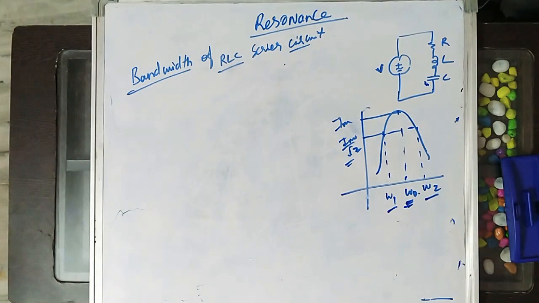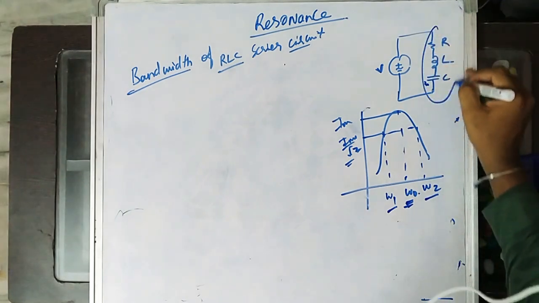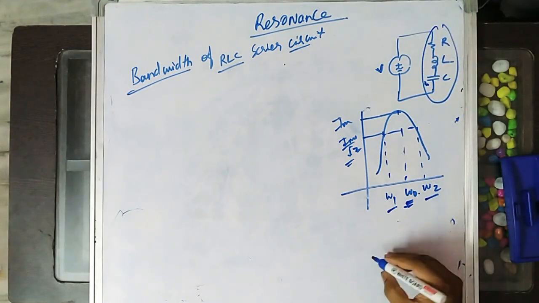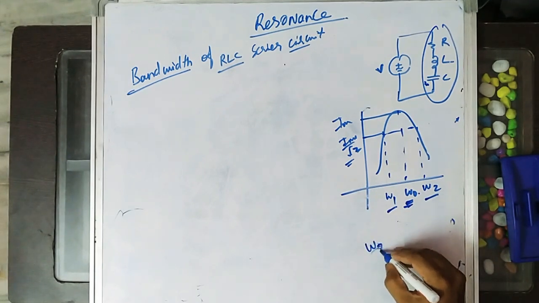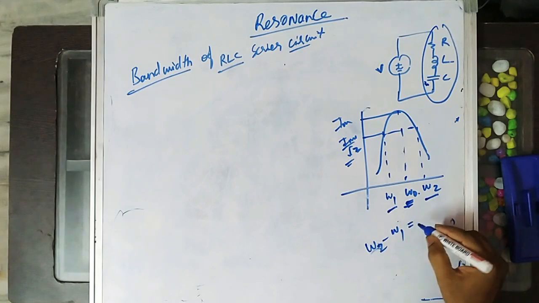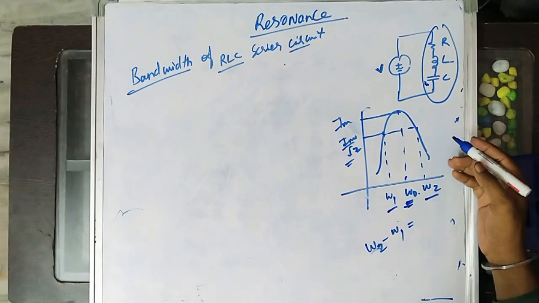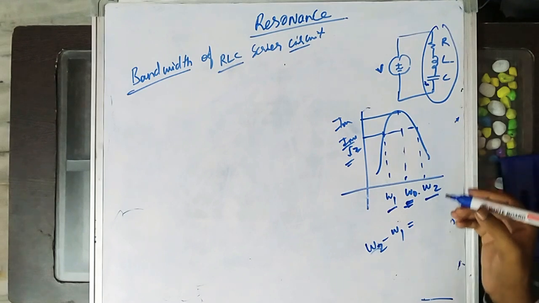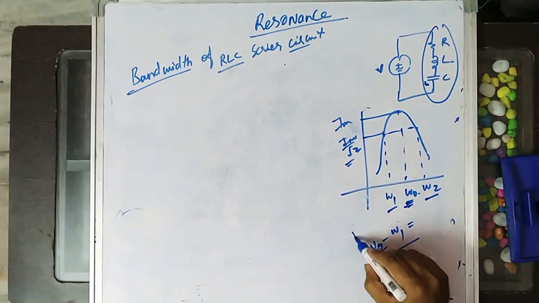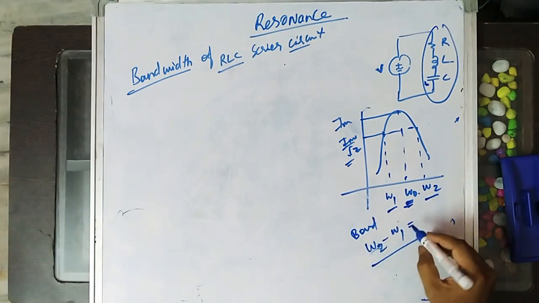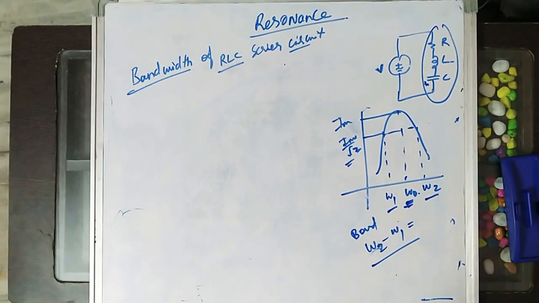If someone asks you for the bandwidth of an RLC series circuit, we will get one formula. Bandwidth is omega 2 minus omega 1. In terms of RLC components, we have to find the formula based on the R, L and C values. Also, with the resonance frequency, we have to find the relation between the lower cutoff and higher cutoff frequencies.